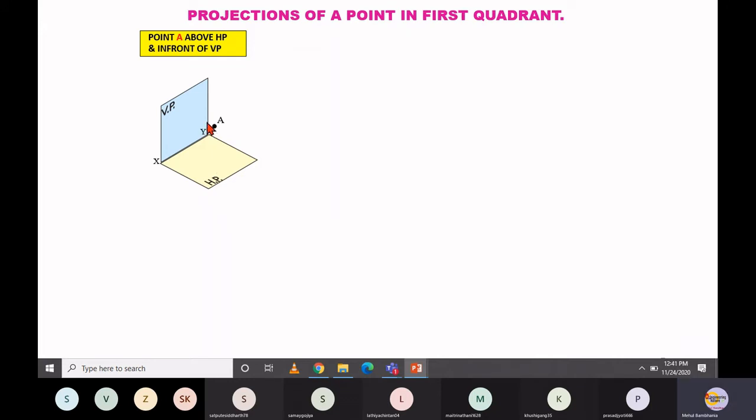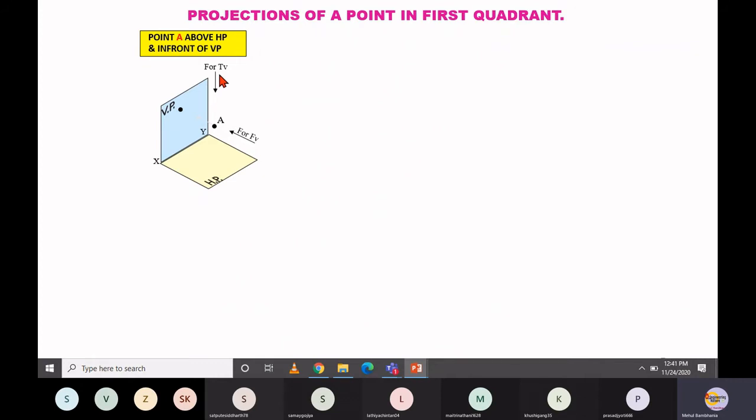Now let's try to find the front view projection as well as the top view projection. If point A is placed over here and you look from this direction, it will give the front view projection. If you look from this direction, the front view projection of point A will appear on this vertical plane somewhere over here, and this line is referred to as a projector.